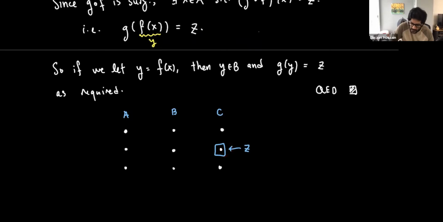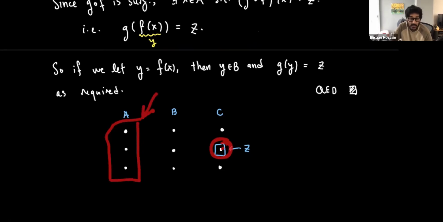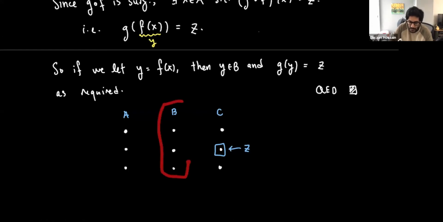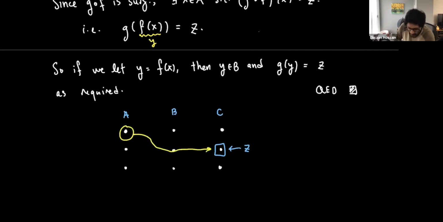I want to find some element of B that hits Z. What I do is I know that there's some element of A that goes through B somewhere and then hits Z. So I pick that somewhere.